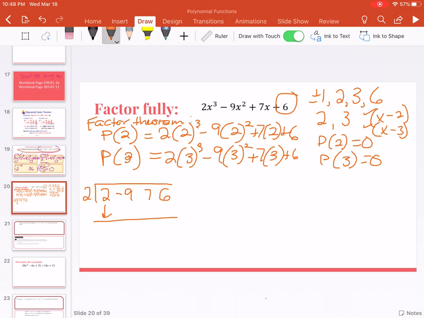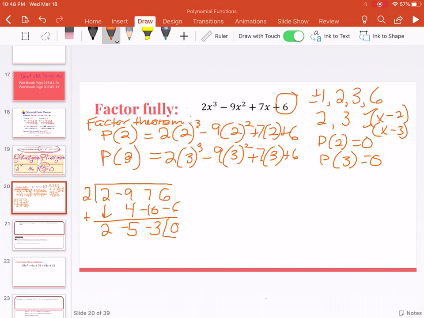Carry that 2 down. 2 times 2 is 4. Negative 9 plus 4 is negative 5. 2 times negative 5 is negative 10. 7 plus negative 10 gives me negative 3. 2 times negative 3 is negative 6. Because I know this is a factor, I should get a remainder of 0. If I don't get a remainder of 0, it probably means I made a mistake somewhere.